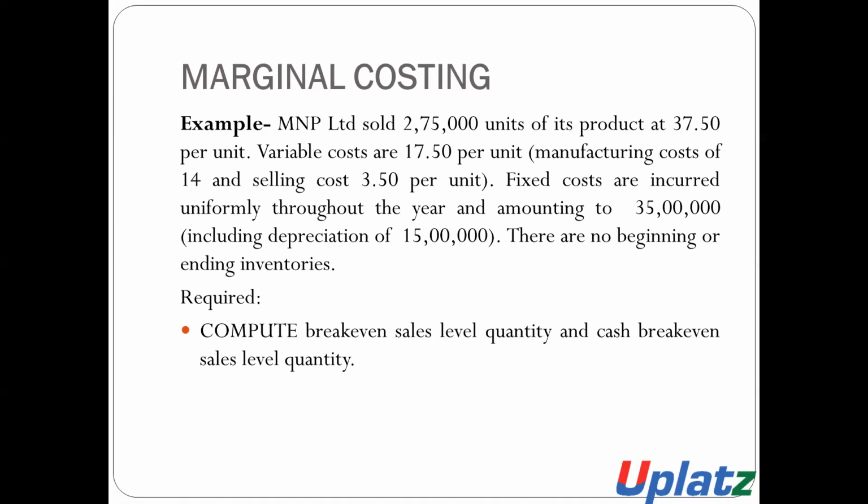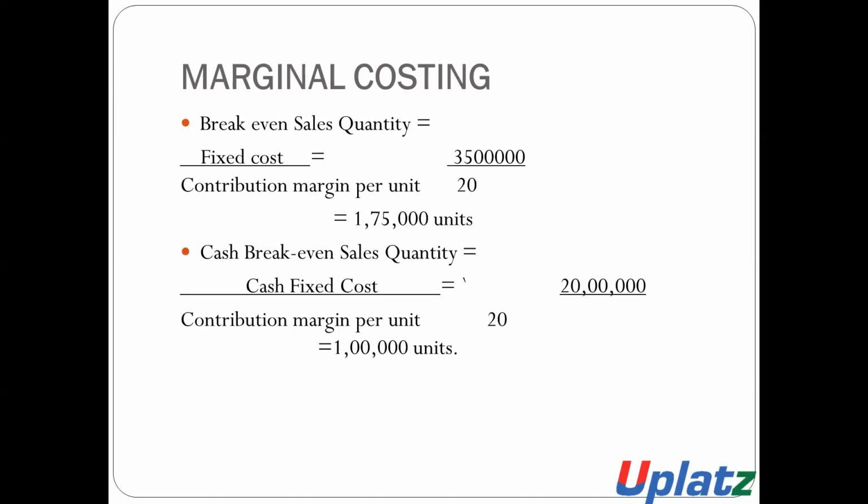The selling price is 37 rupees 50 paise and the variable cost is 17 rupees 50 paise, so the contribution is 37.5 minus 17.5, equal to 20 rupees.